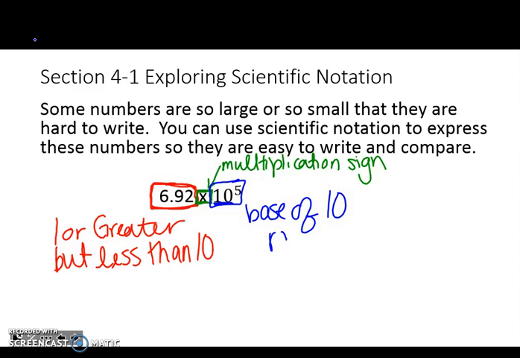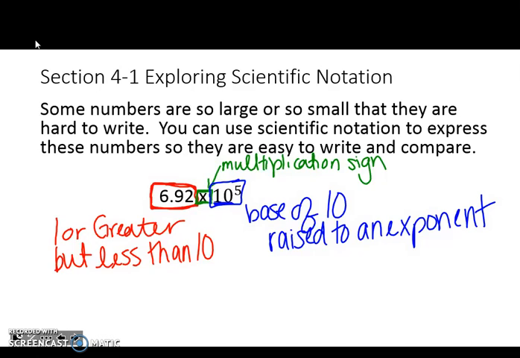And then that will always be raised to an exponent. So you have a number that is being multiplied times 10 raised to an exponent. And this number has to be between 1 but less than 10, times a base of 10 raised to an exponent.